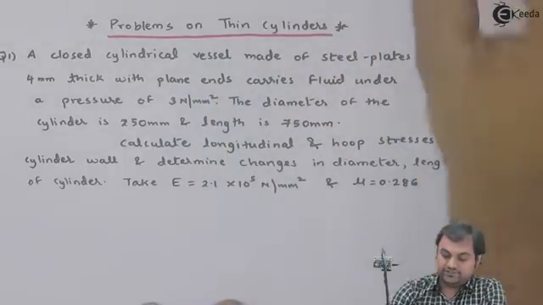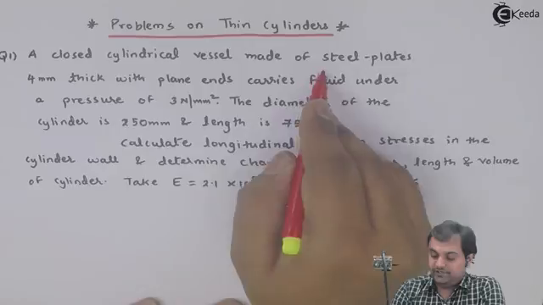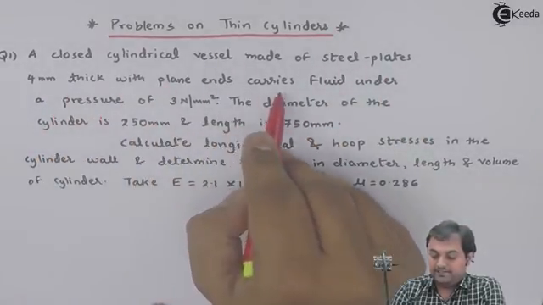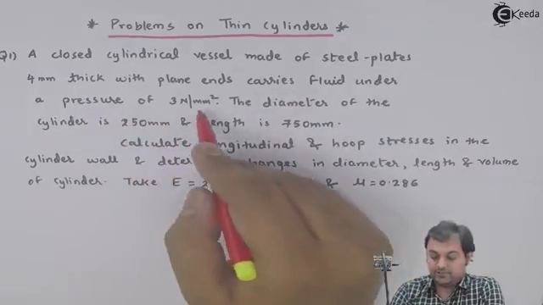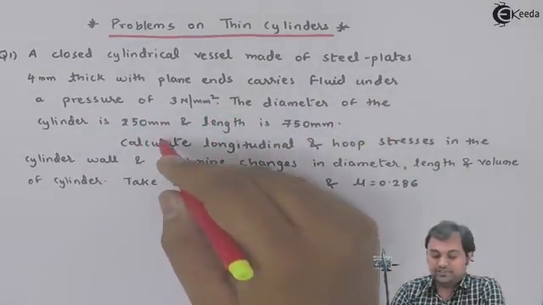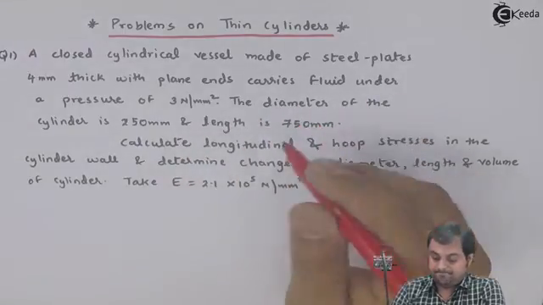The first question is, a closed cylindrical vessel made of steel plates 4 mm thick with plain ends carries fluid under a pressure of 3 Newton per mm square. The diameter of the cylinder is 250 mm and length is 750 mm.